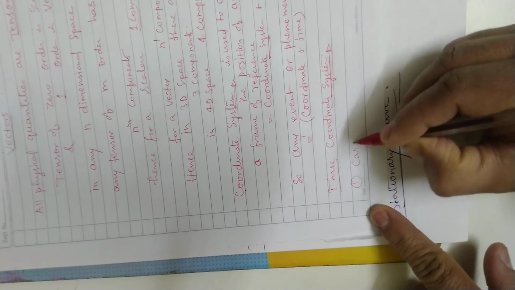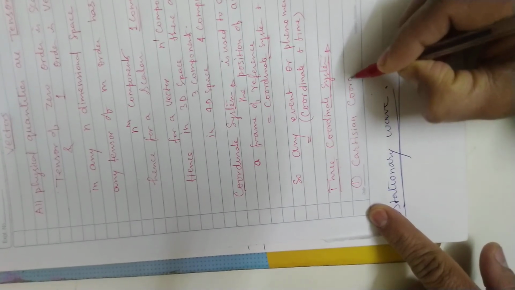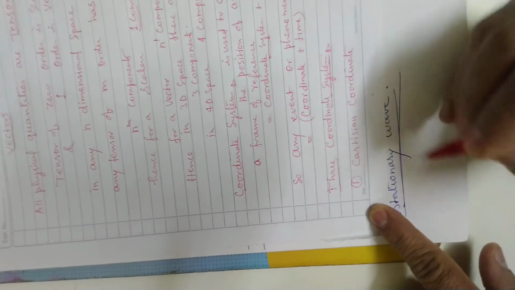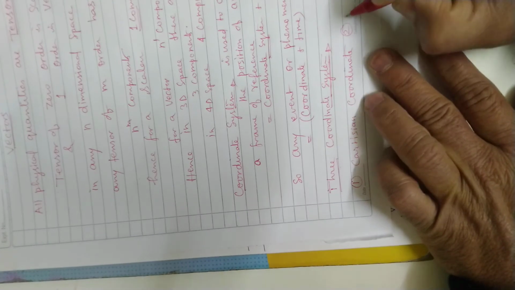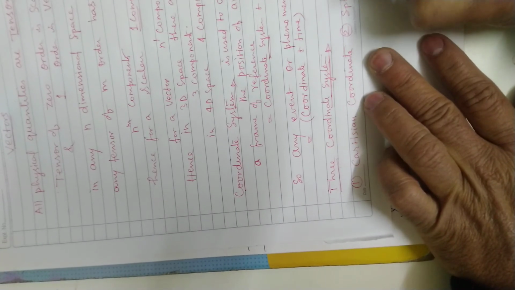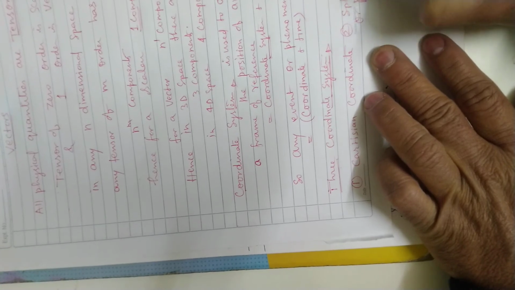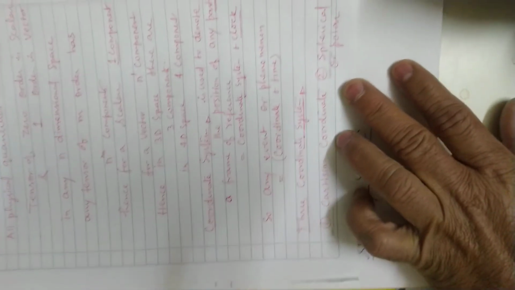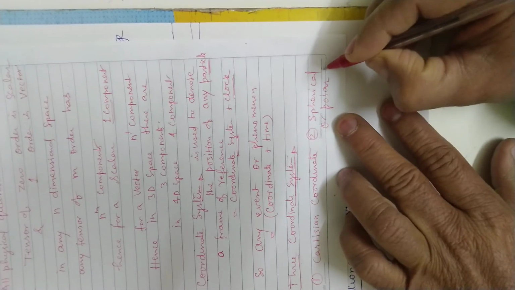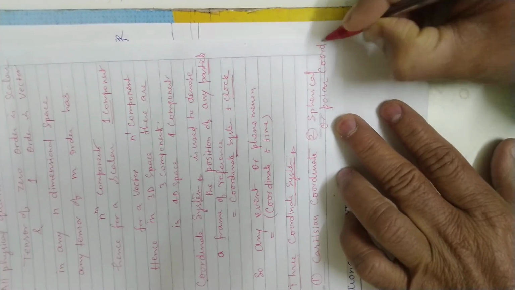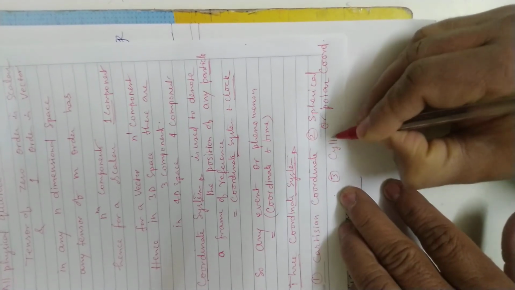First one is the Cartesian coordinate system. Second one, the most important one, is the spherical coordinate system. Spherical or polar coordinate system. Whenever you are asked to define a polar coordinate system, then remember spherical or polar coordinate system. And third one is the cylindrical coordinate system.